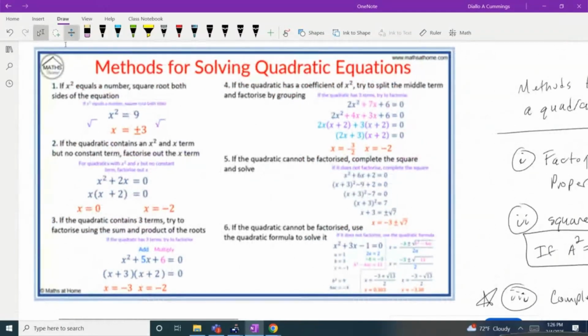So this little screenshot gives you some indications on how to use those methods. The first one says if x squared equals a number. So notice I have a second degree term. So when you hear me say second degree term, that's just the term that has a second power on it.